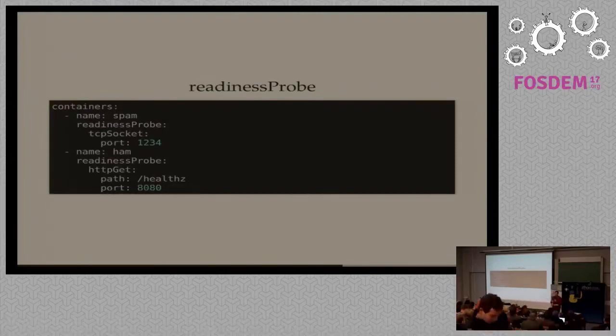They'll queue up in the kernel until you call accept on your socket. So it's a very useful probe. In this case, when you start the pod, Kubernetes will try the port, and if it's not ready yet, it will just wait. You can configure this in more detail, how often to try, how long to wait, and so on.